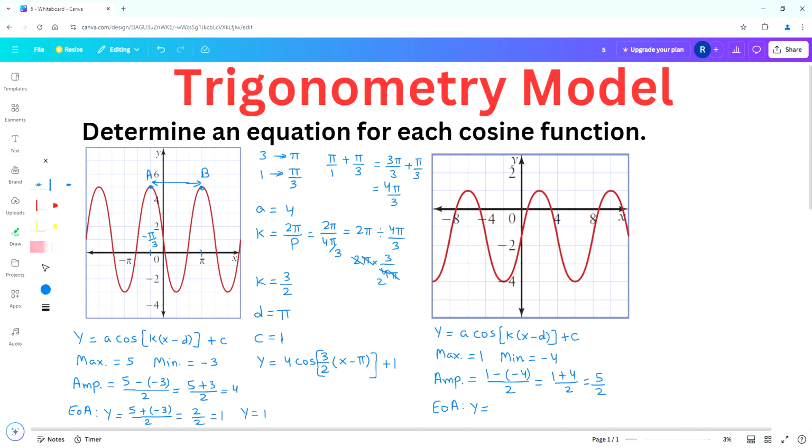The formula is maximum value plus minimum value divided by 2. Equation of axis is a horizontal line, so we write it as equation y equals -3 over 2.